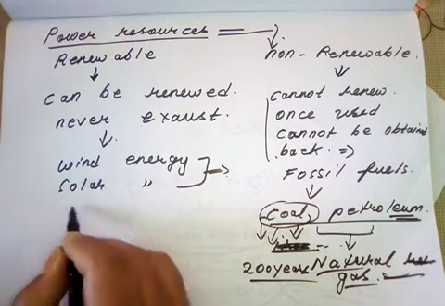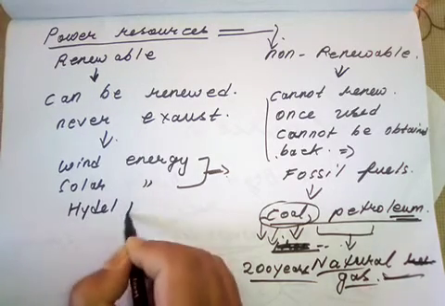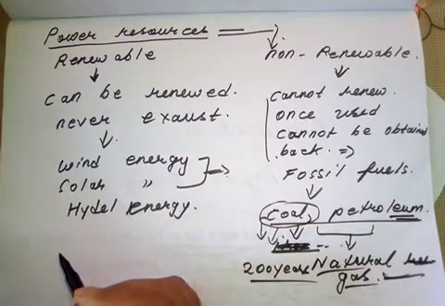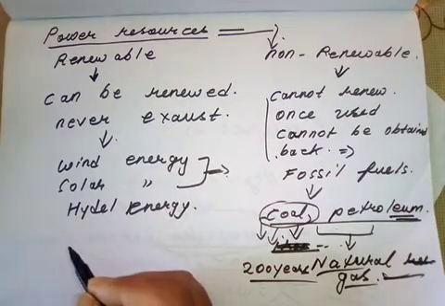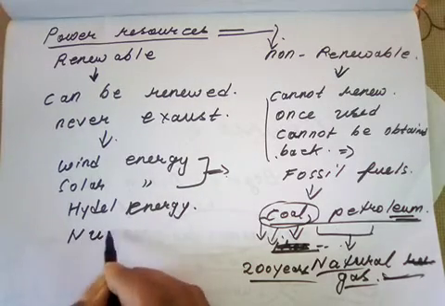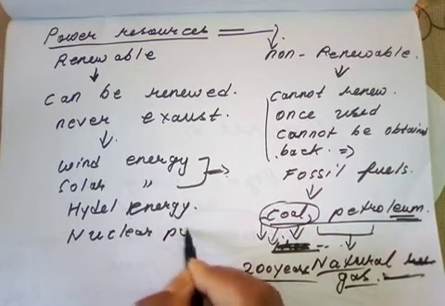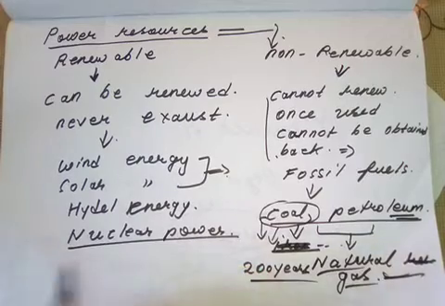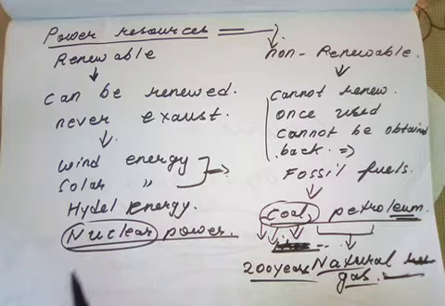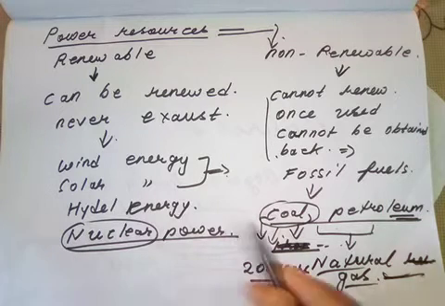Some other energy like hydel energy, and nuclear power can also be mentioned, because the nuclear substances present among the sand along the coast of all the oceans are abundant, and they are never going to be exhausted in the near future or in the far future.